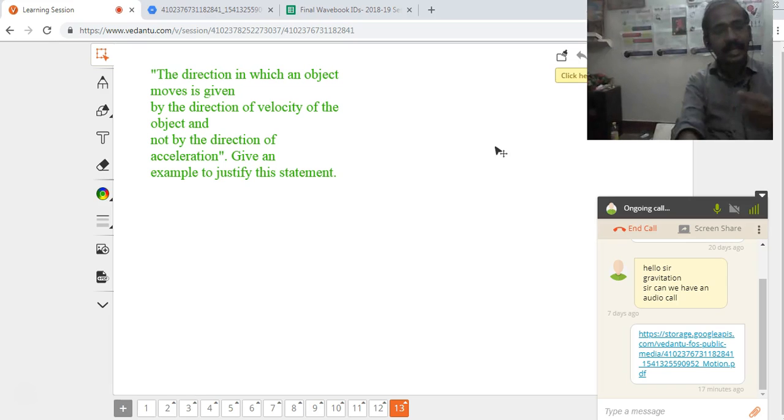Here the velocity direction and acceleration direction are different. You need to give an example. If you throw a ball upward, the velocity will be in the upward direction, but the acceleration due to gravity is in the downward direction. So that way you need to answer.